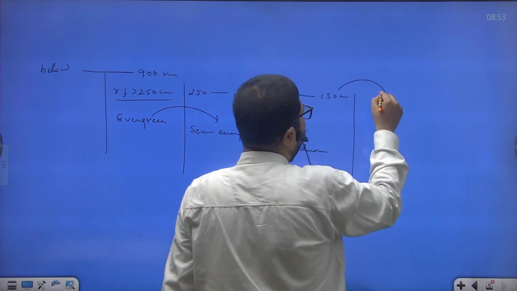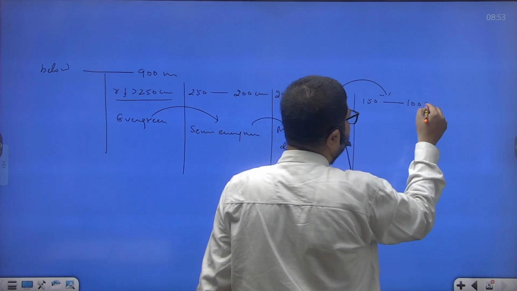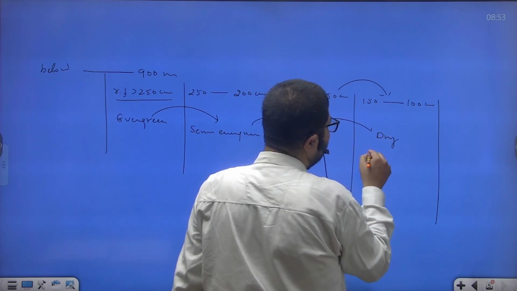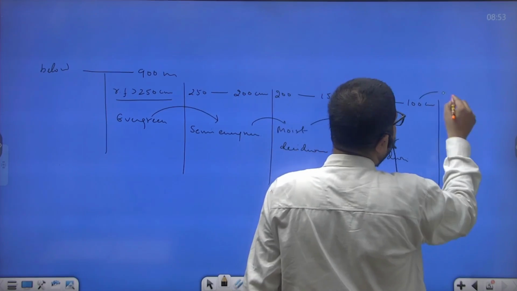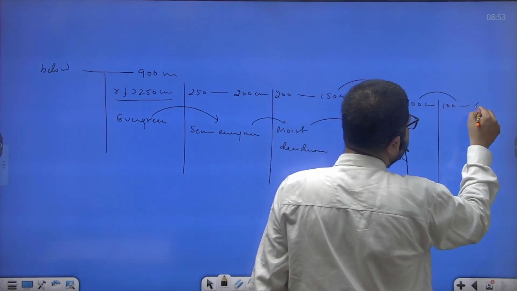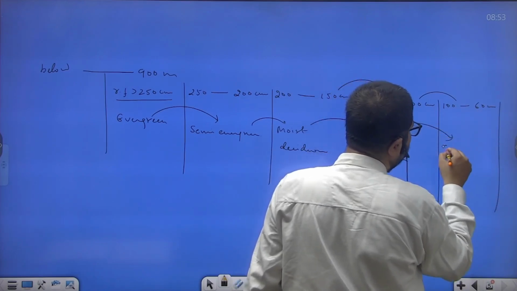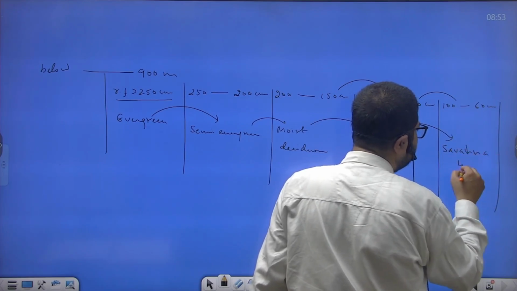Where the rainfall further declines below 150 to 100 centimeters, the vegetation transforms into dry deciduous. Where rainfall further goes below 100 to 60 centimeters, the dry deciduous vegetation transforms into savanna type vegetation.